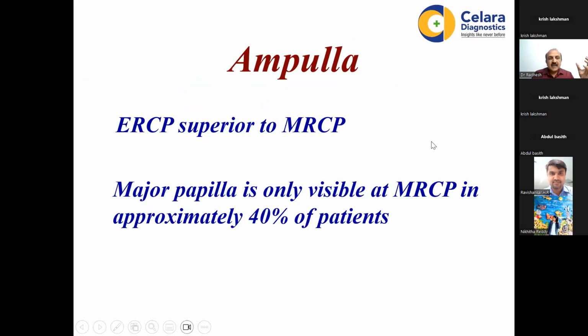Now, when it comes to visualization of the ampulla, ERCP is any day better than MRCP. You can beautifully see the ampullary region with the scope, and you can easily cannulate and get a wonderful ERCP picture.